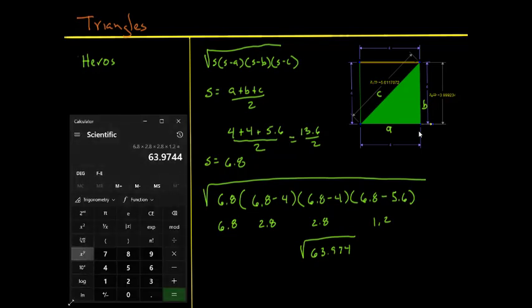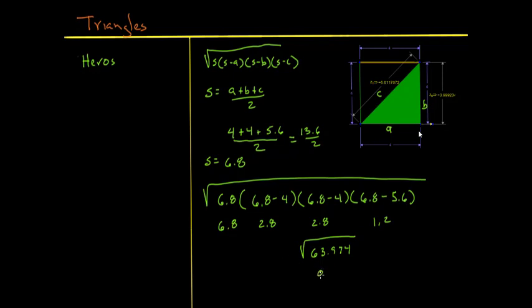And the square root of that is 7.998, which rounds up to 8. So there are the two methods. We have Hero's formula, and we also have our base times height divided by 2. And both of those will get you area.